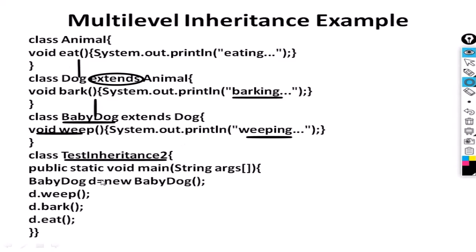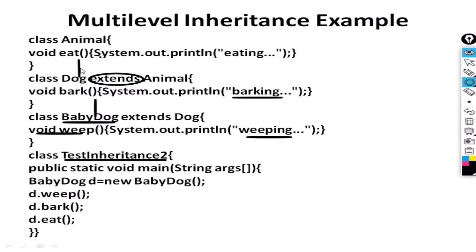Because whatever the last class is inheriting, it will also hold the previous parents' features. For example, if you consider a grandchild and check the grandchild's DNA, it can have the features of the parent as well as the grandfather.